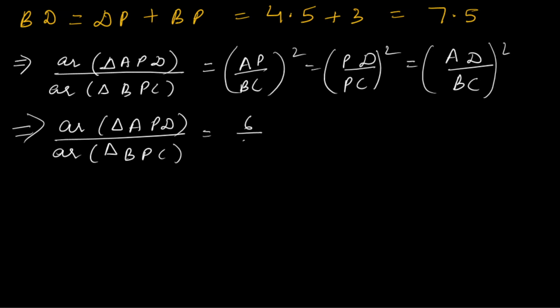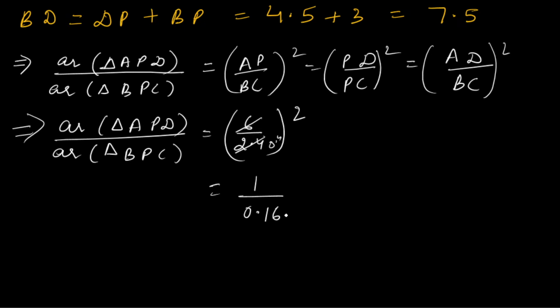So 6 by 2.4, anything we can use. So this is 6 into 6 is 36. Here we can do cancellation also. So 6 into 1, 6 into 0.4. So 1 by 0.16.